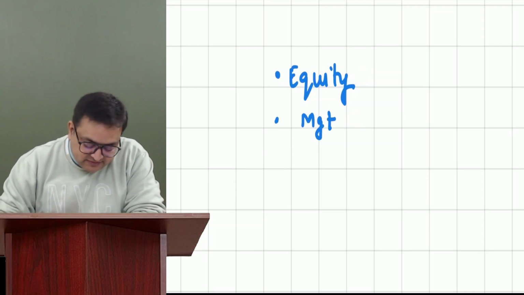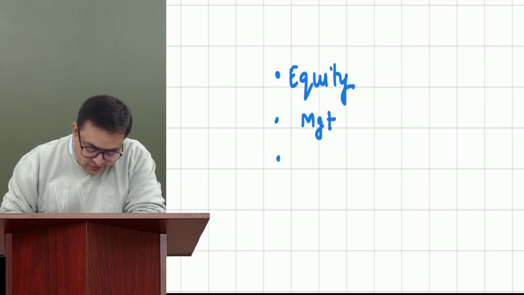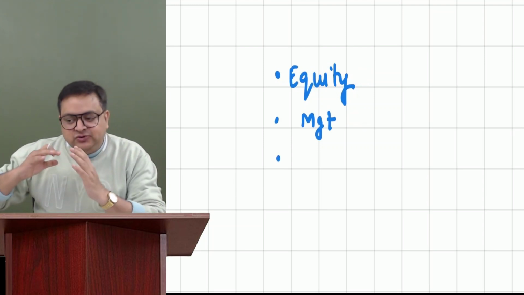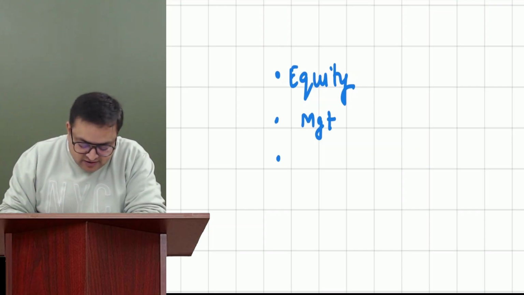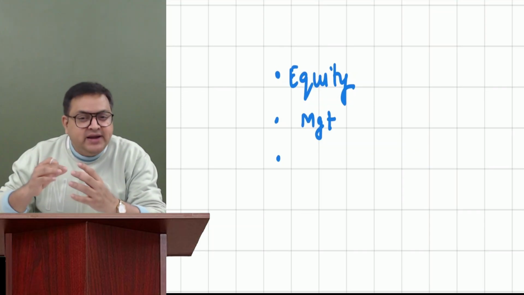Or there might be some other parameters which are not visible on the face of it, but actually you have a control, a little bit hidden control.